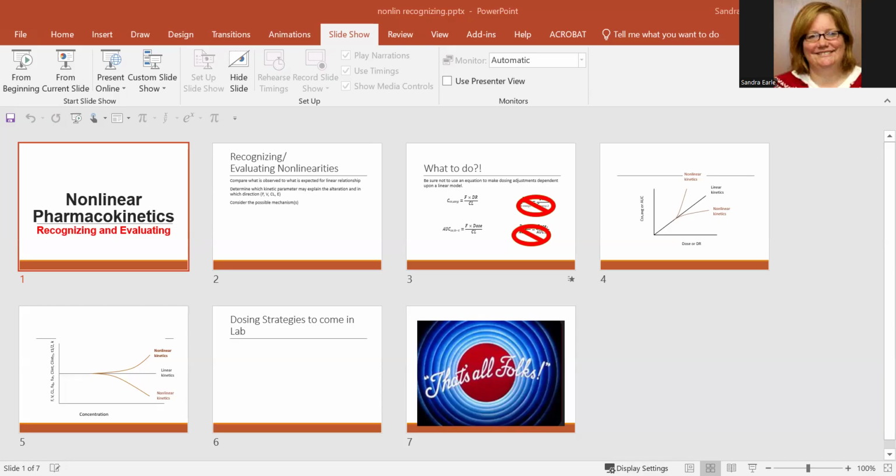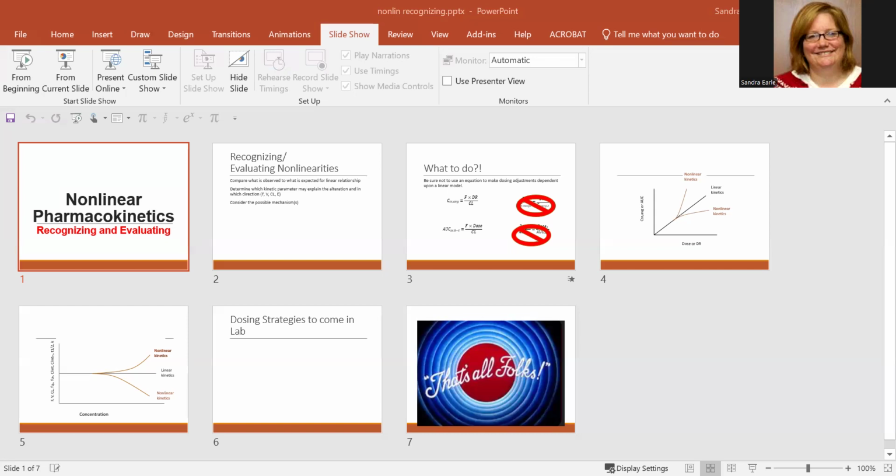Change in bioavailability, volume, clearance, or your effect. And then be able to think, okay, could it be a change in plasma protein binding? Could it be a change in hepatic intrinsic clearance? Could it be a change in renal secretion?